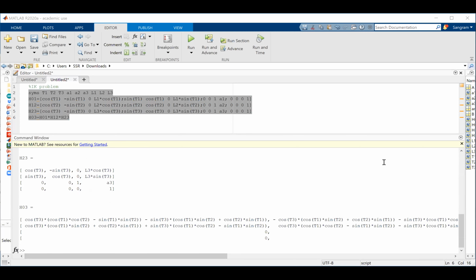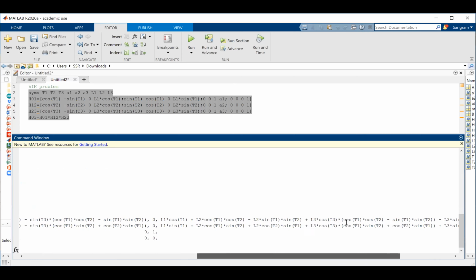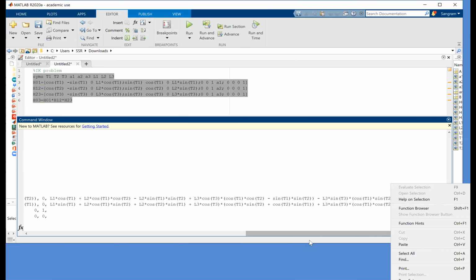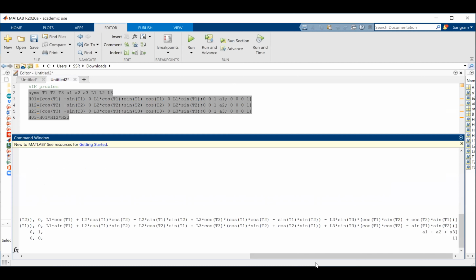Wow. Now I got this large expression. So in this expression, if you look at the last column, this is where all my positions are. So what I'm going to do is I'm going to highlight this for a second.